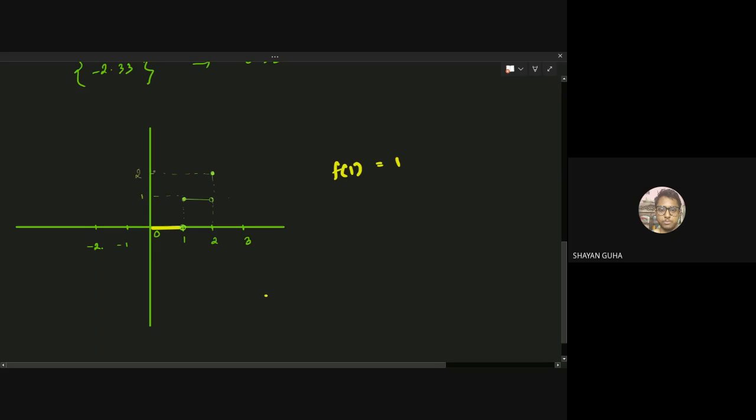This is 2. In the same way this will go on. I hope the figure is clear. Why is it called a step function? It looks like a stair. That's why sometimes it's called a step function. Is it clear to everyone? What is the graph of the greatest integer function or box function?